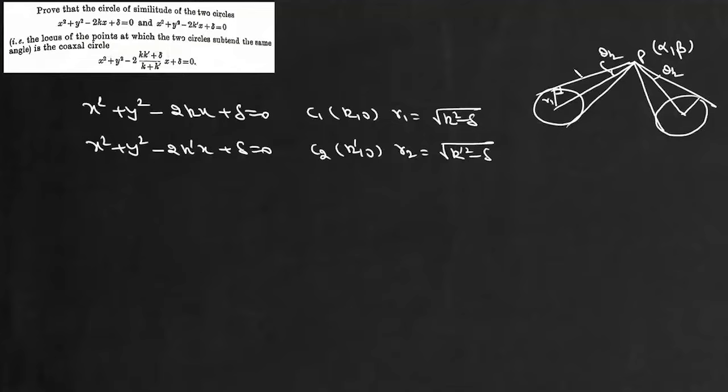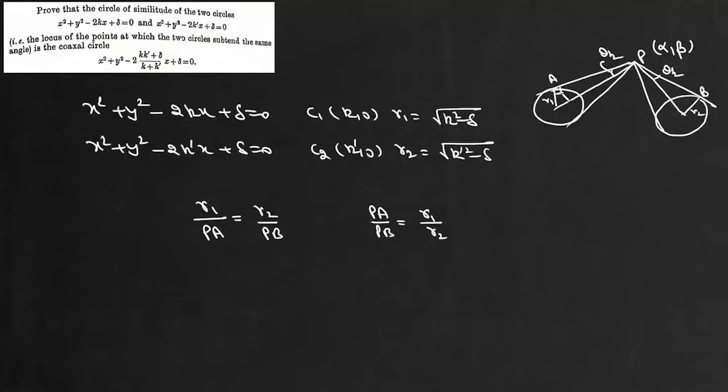Now this is R1 and this is PA, and this is R2 and this is PB. Then we can write tan theta by 2 as R1 upon PA, and that will be equal to R2 upon PB. So we can write PA upon PB will be equal to R1 upon R2.